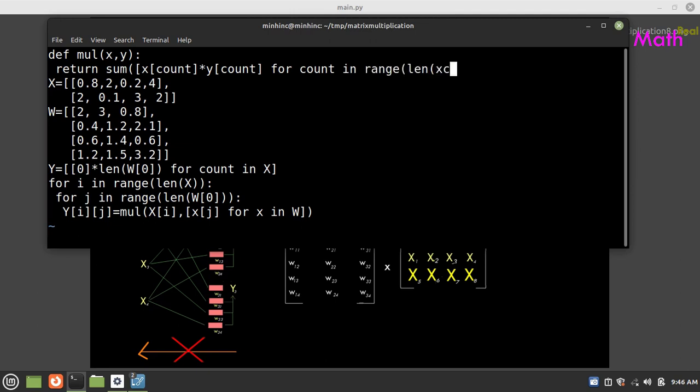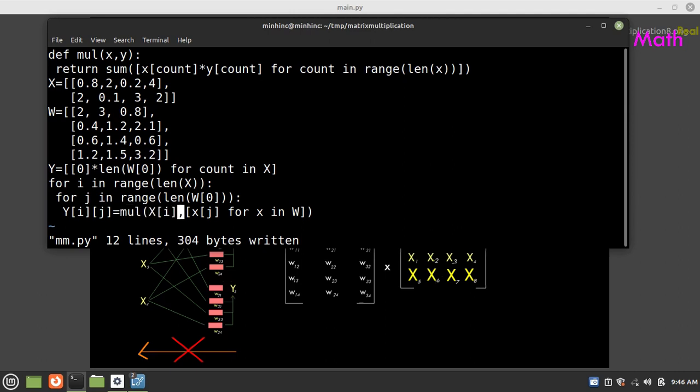The length of x and y are the same, anything we can put. Okay, now it is complete. So I have a multiplication function. It takes two arrays and then it iterates through one array, getting the count, multiplies x count into y count, and at the end sums everything and returns that mul.